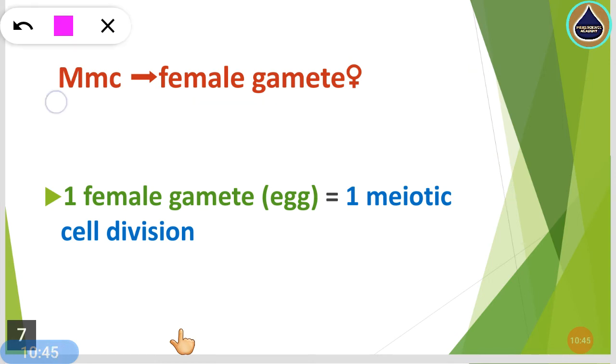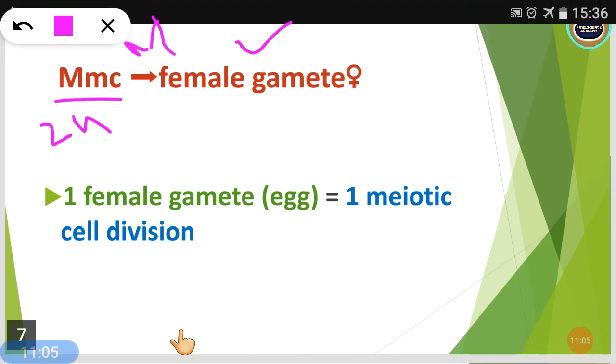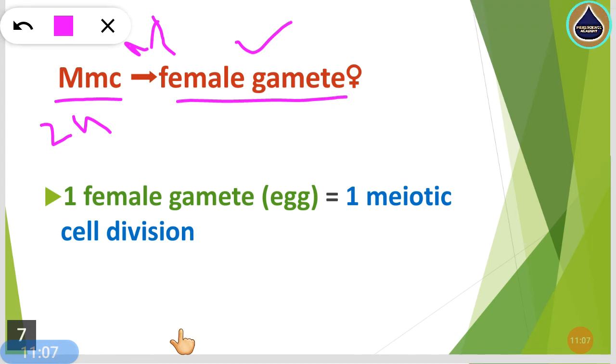Now we'll see this MMC, the megaspore mother cell. It is 2n or diploid in number, and it is needed for the formation of the female gamete. So this MMC, by the process of meiosis type of cell division, converts into a female gamete. But the formula is very simple. One female gamete, which is also called an egg, is formed by one meiotic cell division.